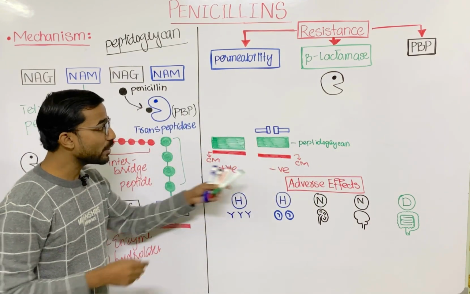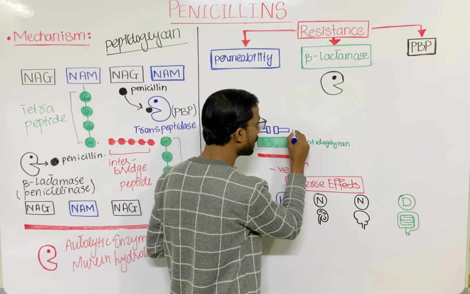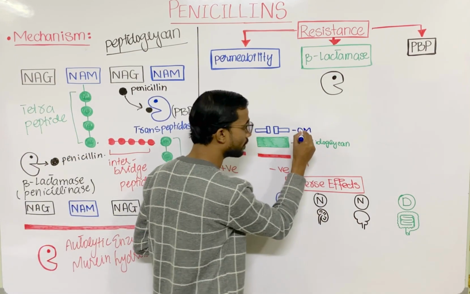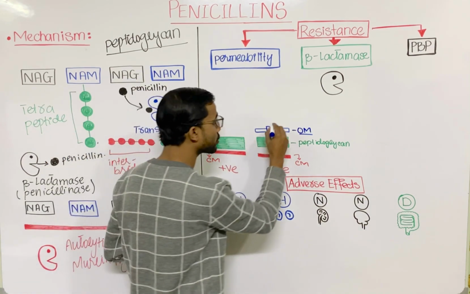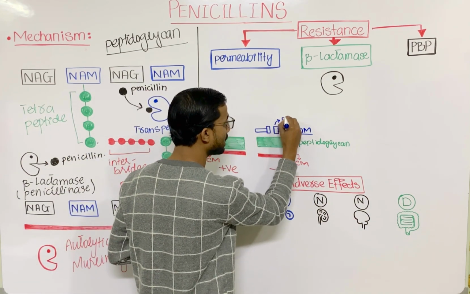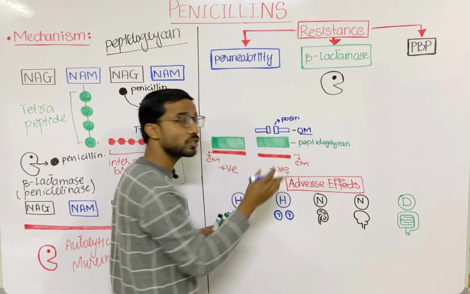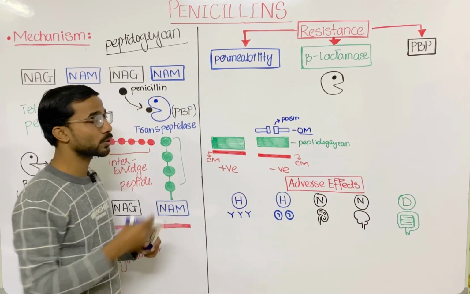And in the negative case, you will also see the presence of the outer membrane that is actually made up of lipoproteins. And in the outer membrane, you will also see the presence of the channel, that is the porin channel, through which the hydrophilic substances can pass.